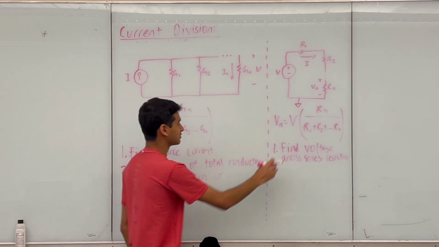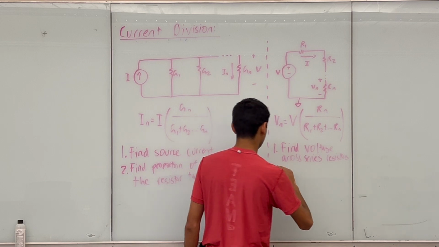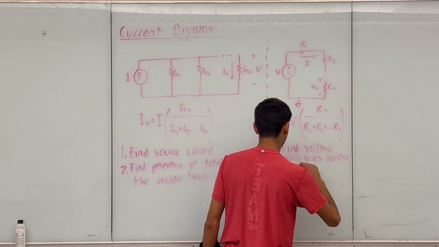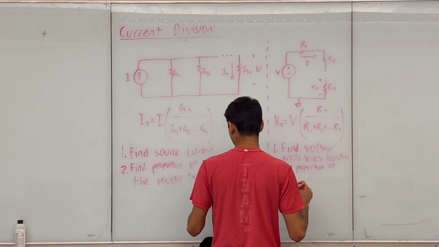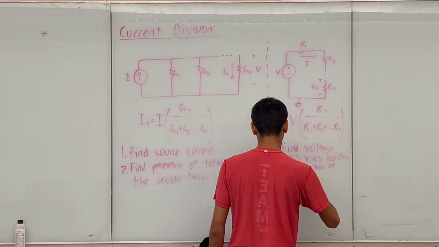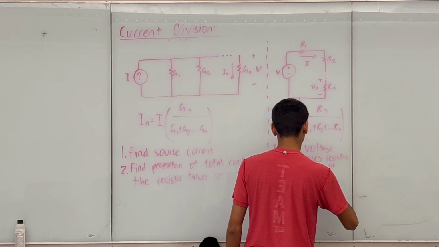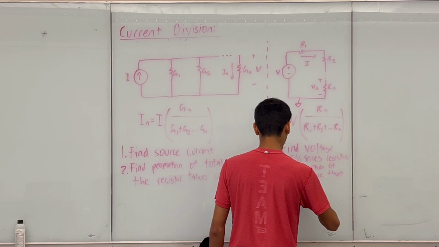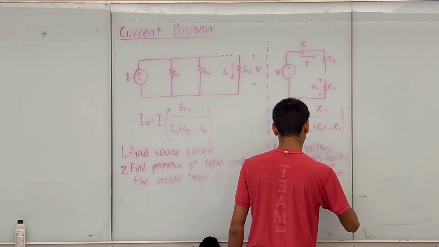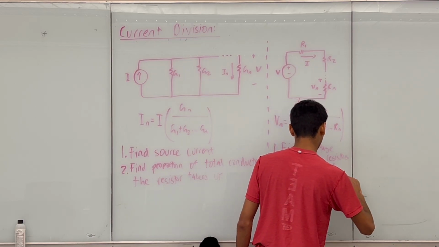And I'm going to do the same thing on the right side, except I'm going to find the proportion of total resistance that my resistor takes.